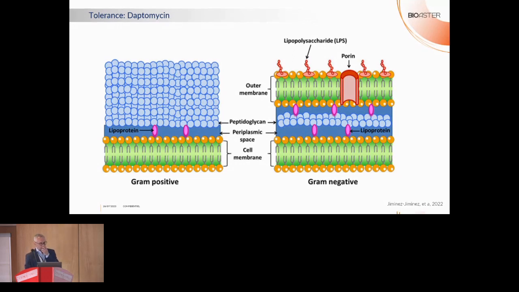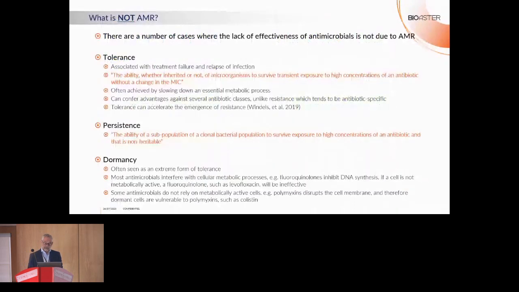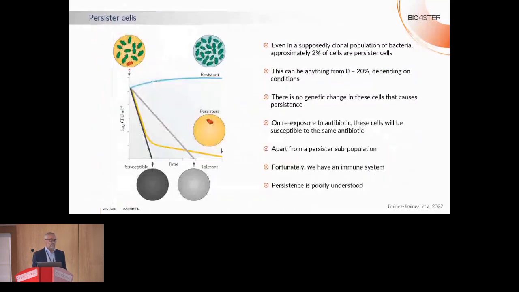There's also persistence. This is the ability of a subpopulation of a supposedly clonal bacterial population to survive high exposure to an antibiotic. And this is non-heritable, it's not genetic. So in this example, you can see in almost every population of bacteria, approximately 2% of these will be persister cells. This can vary depending on infection, depending on the conditions, from anything from 0 to 20%.